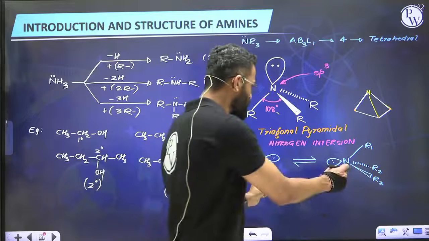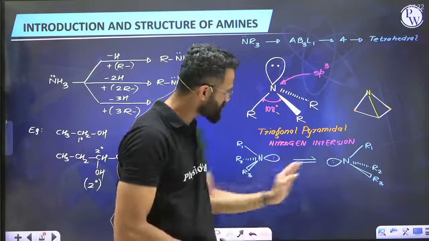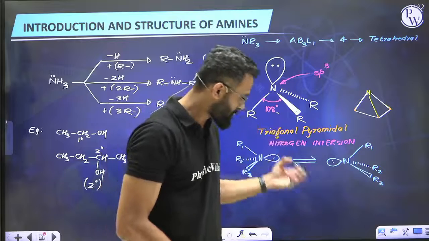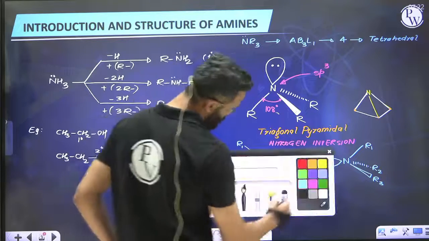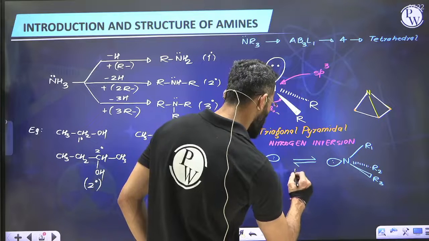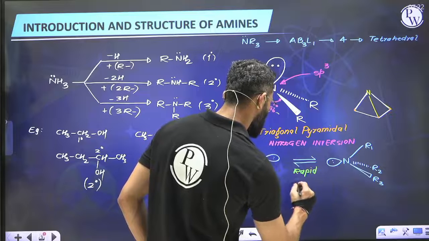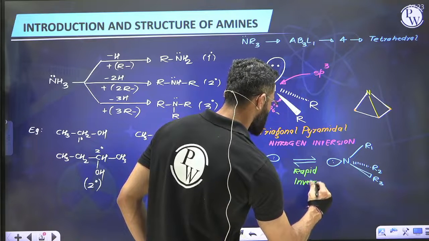That's why, although these two are chiral molecules and mirror images of each other, meaning these two are enantiomeric forms of each other, these enantiomers cannot be isolated from each other because the inversion between these two is very rapid. So these two forms will undergo a rapid inversion.